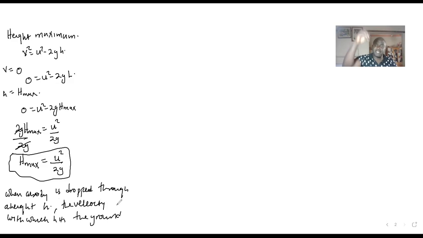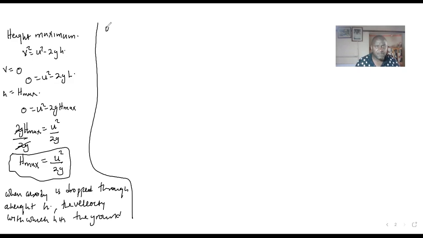You are dropping an item, check this out. You are dropping this white piece. I'm assuming my hand is the ground. It comes from rest. So with what velocity will it hit the ground? That is what the definition is talking about. So first of all, it is coming from rest, so initial velocity is 0. It is going to attain a final velocity V you do not know.